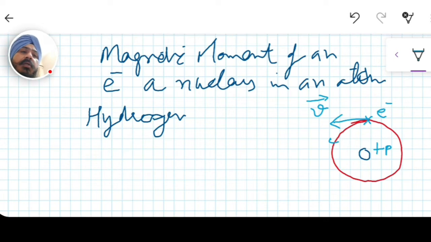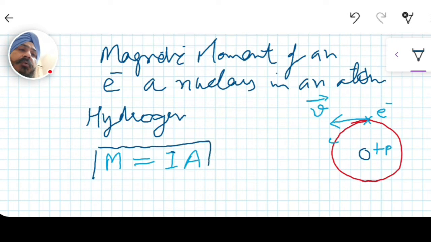Okay. Now magnetic dipole moment has a formula we have to keep in mind: m equal to I into A, current and the area of the revolution. So if a current is looping an area A, its magnetic dipole moment will be I into A. I is the current.